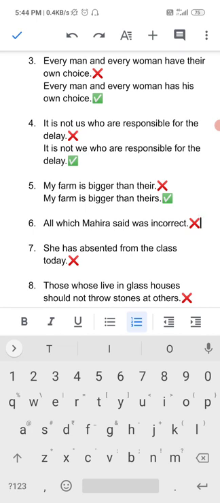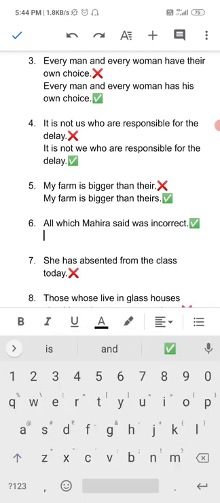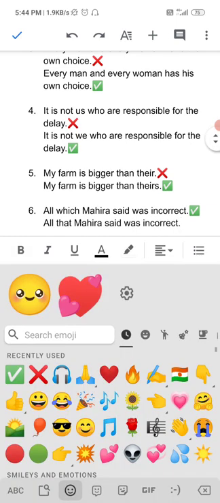The relative pronoun should be that here in case of all. Right? Move to the next step. So here we have to use "all that Mahira said was incorrect." This is right.